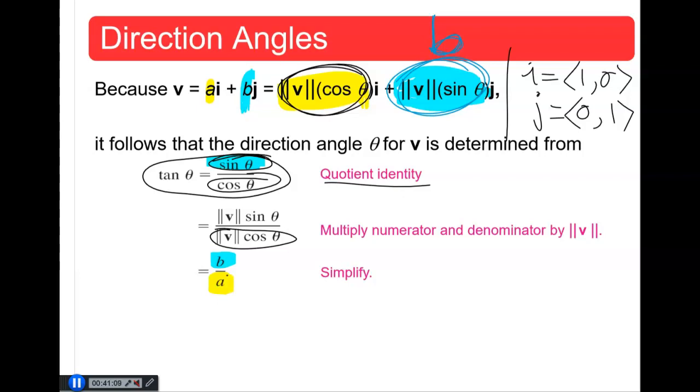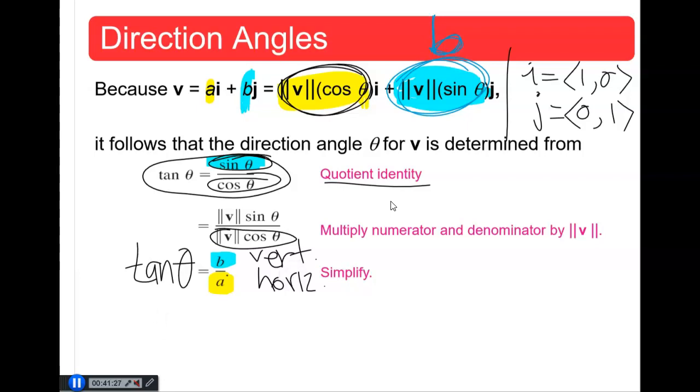Now, if we have the expression here, tangent of theta is equal to the ratio of B over A, which will be the vertical component over the horizontal component.